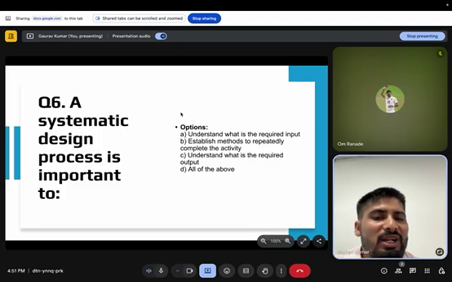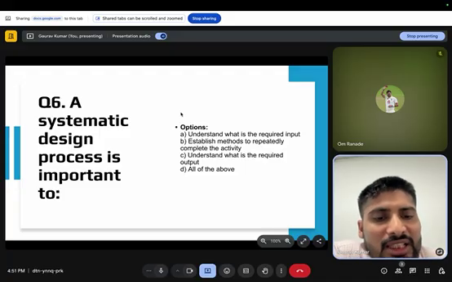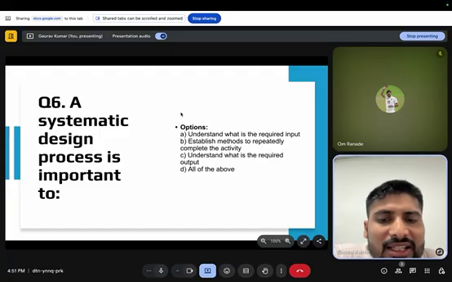By formalizing each step, it enables the team to manage complexity and maintain design consistency across projects. Options A, B and C individually capture essential aspects, input, methodology and output, but collectively they define the full scope of a systematic process. Thus all of the above correctly encompasses the holistic view necessary for effective design management.